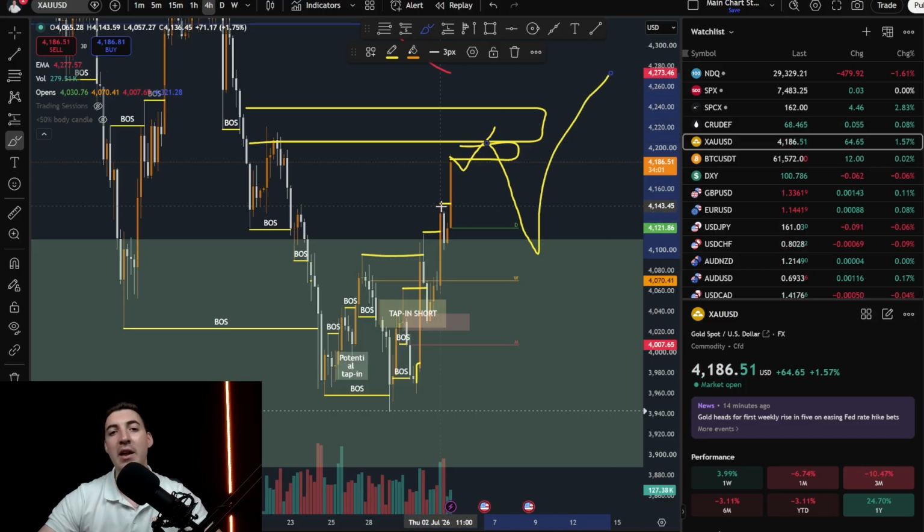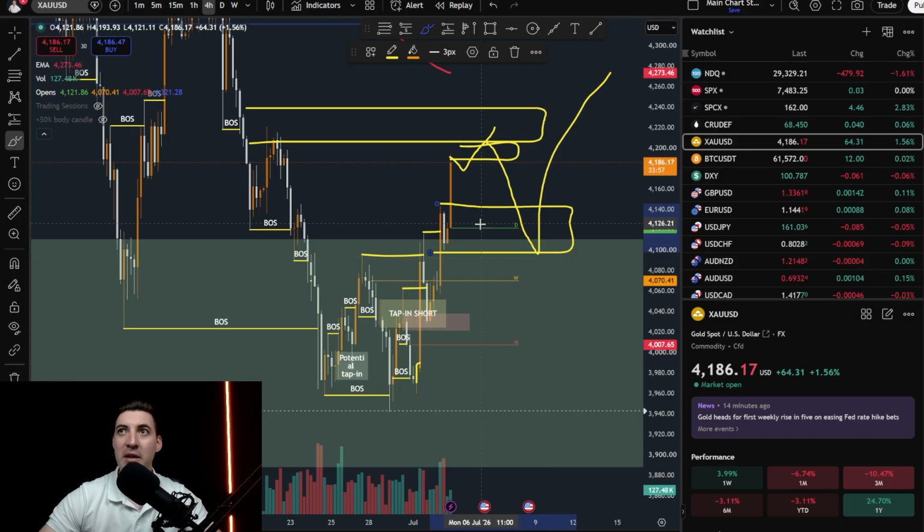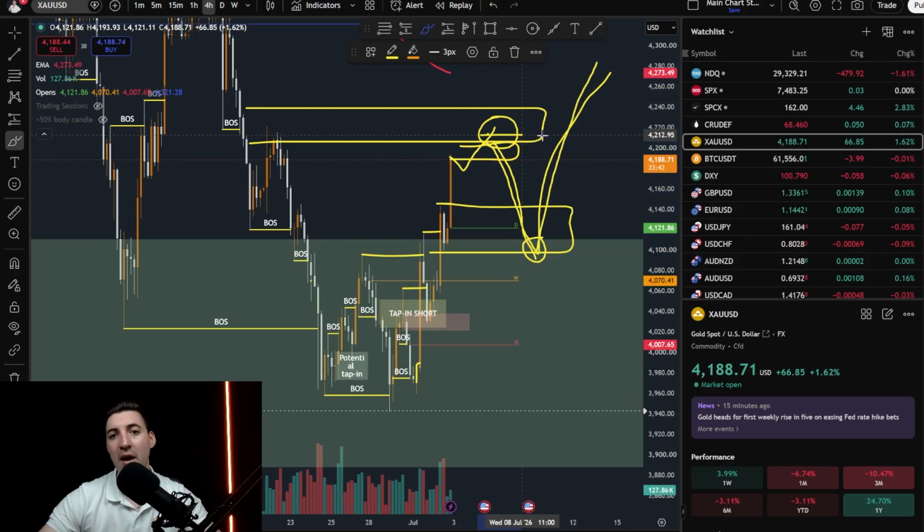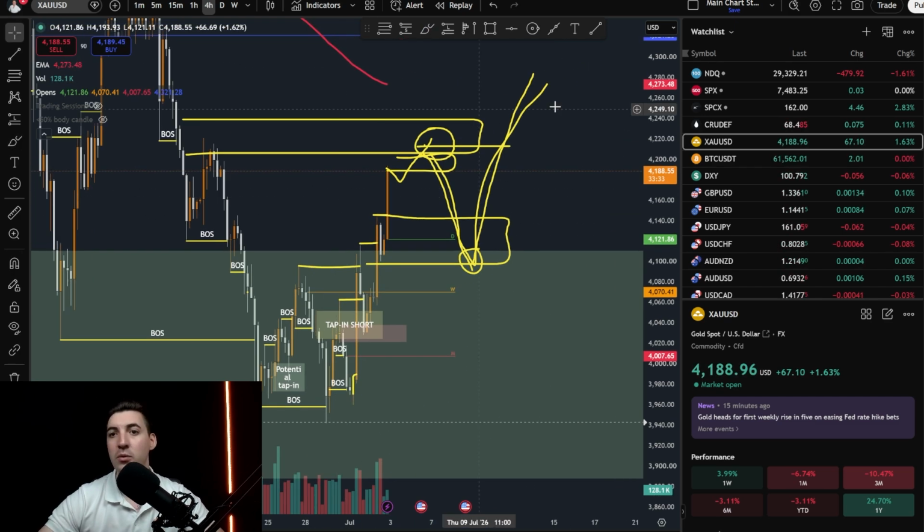And the reason I say that is because we have just created a new internal demand zone here, and there's likely quite a bit of liquidity resting above this region here. So we're going to grab that liquidity, push back down into this demand zone. Hopefully the buyers will step back in and then push back up, breaking market structure. That is my play. That is how I'll be playing XAU USD today into next week.